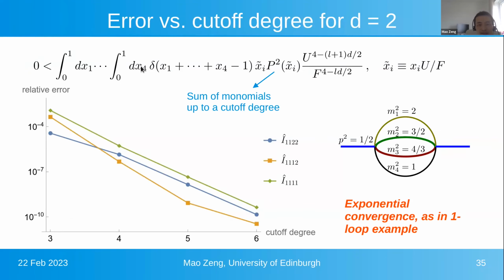Here are the results for 3 example master integrals out of the 11 master integrals. You can see that I reach an accuracy of about 10 to the -9 once I go to a cutoff degree of 6 for some polynomial in the Feynman parameter formulation.